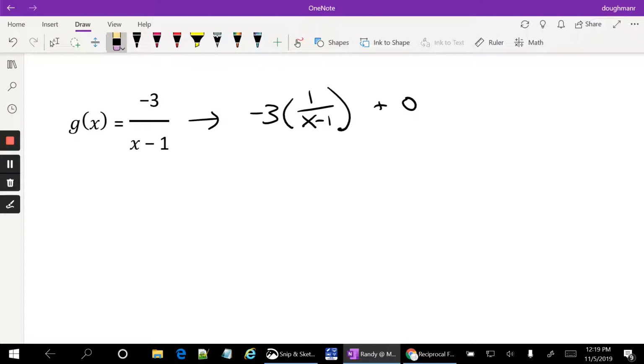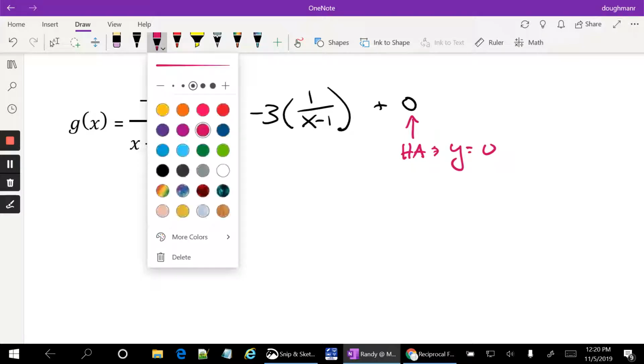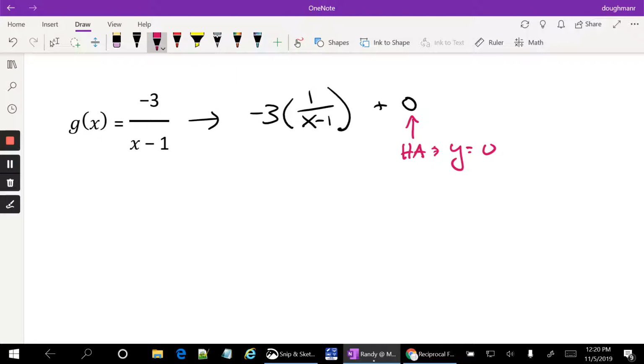What that tells me right away is that my horizontal asymptote is y equals 0, and my vertical asymptote is x equals 1.